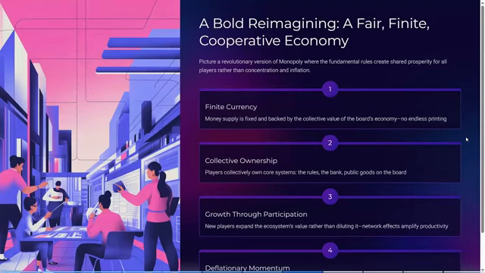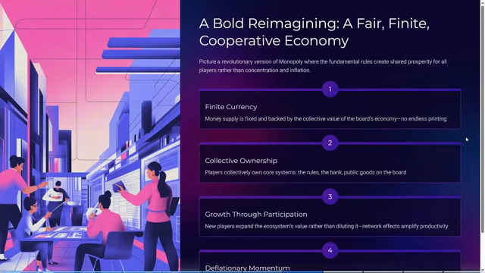So no endless printing. Let's take that bank's inflationary model of always being able to create the currency out of the picture, where you would have collective ownership. All the players collectively own the core system. They own the rules, they own the bank, they own the public goods on the board.